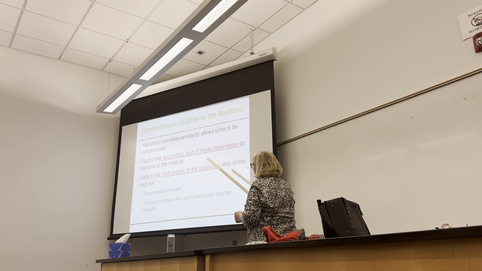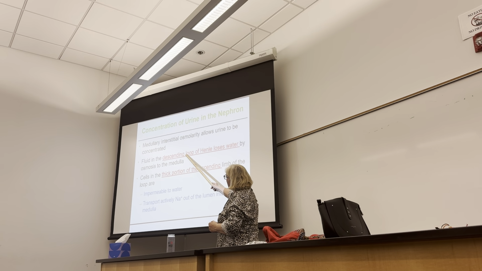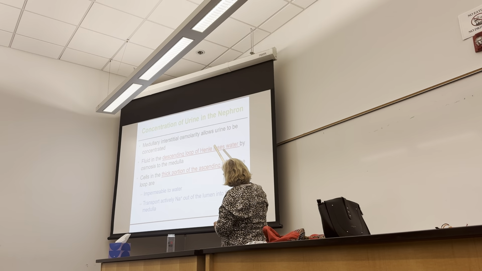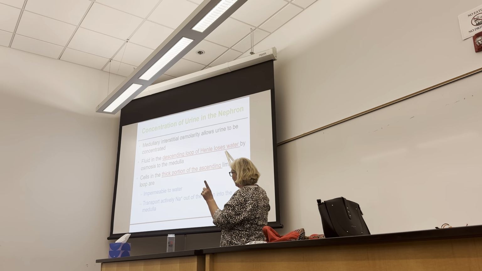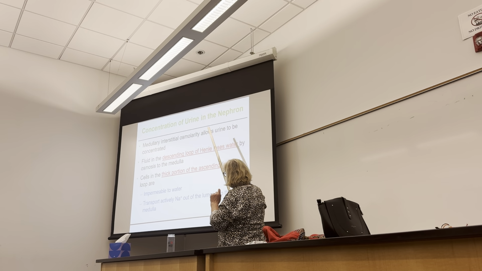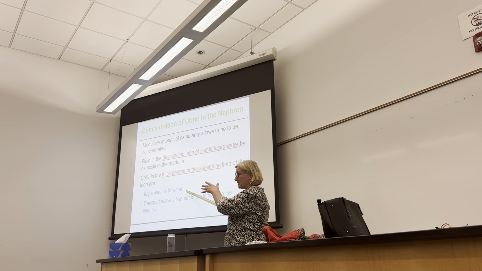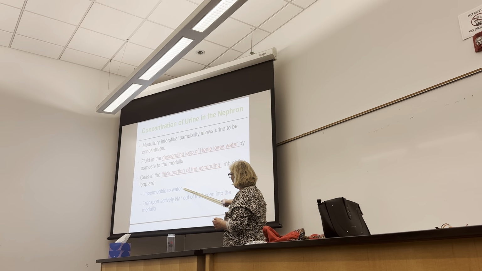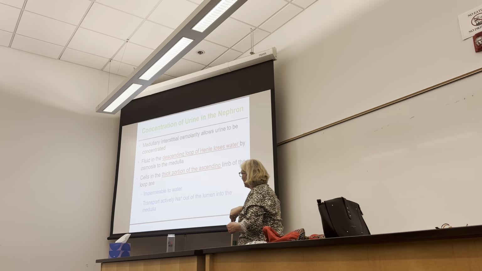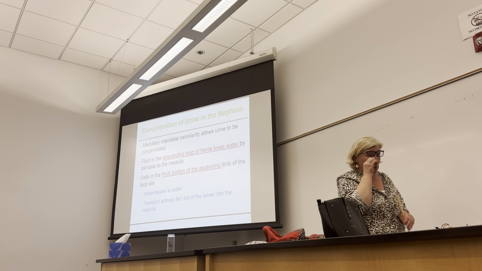So, the descending loop of Henle is permeable to water. The ascending loop of Henle is not permeable to water. Once we start following, we will need to pay attention. But it will actively transport the solutes, especially sodium.